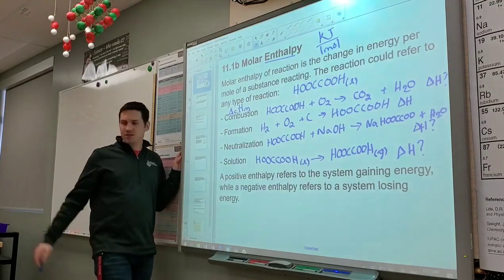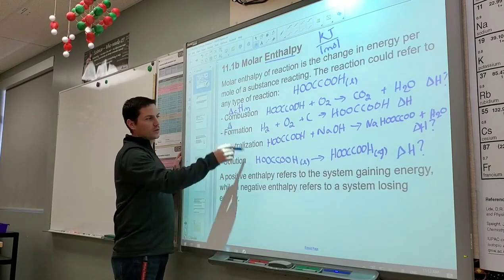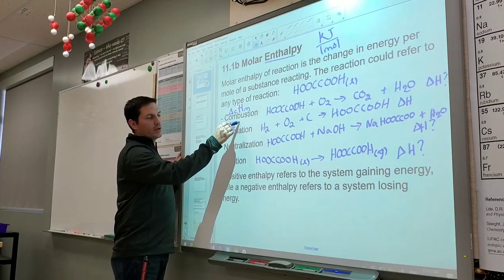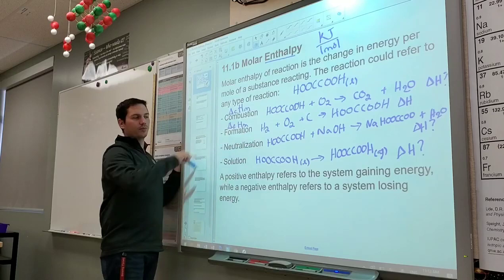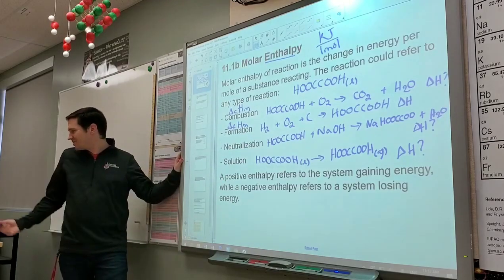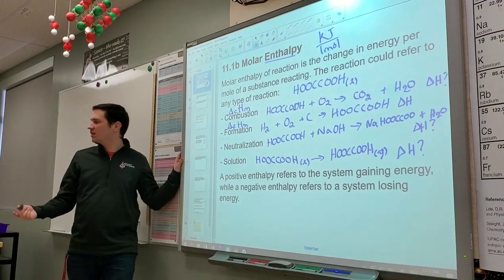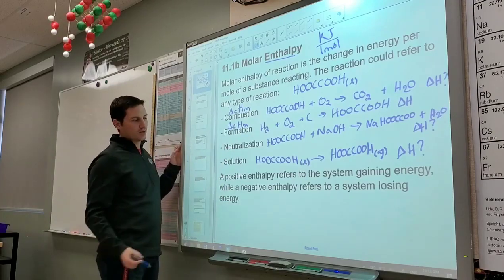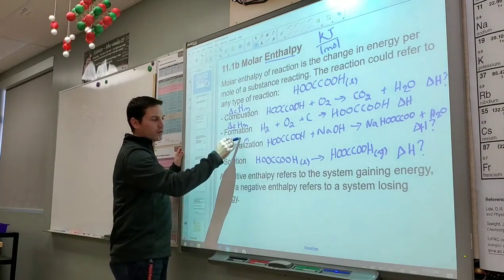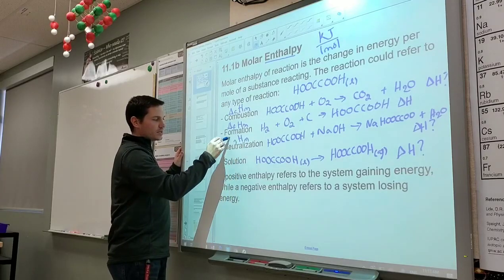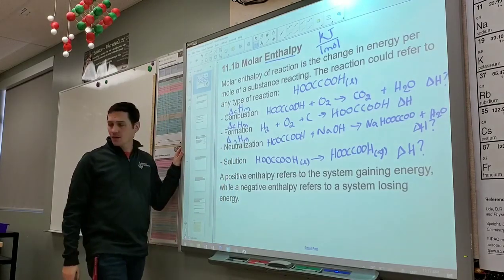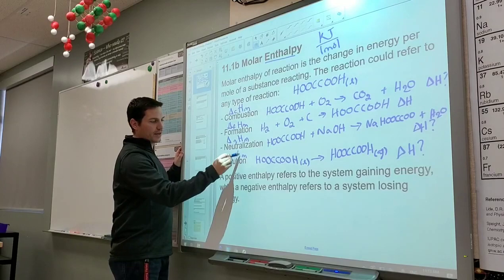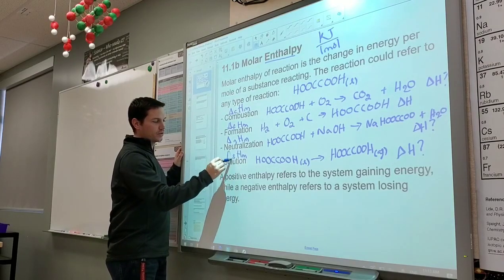What combination of letters would I use? So the formation, and it's the molar enthalpy of formation. Is this fairly straightforward? It's telling you what we're looking for, or what we want, or what we have. So the molar enthalpy of neutralization, and then the molar enthalpy of solution.